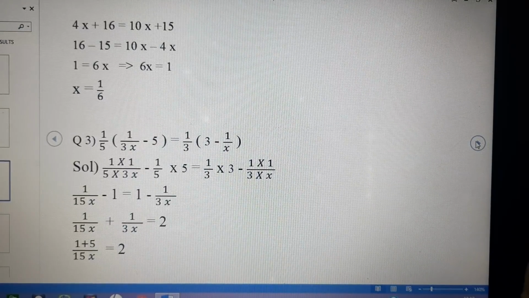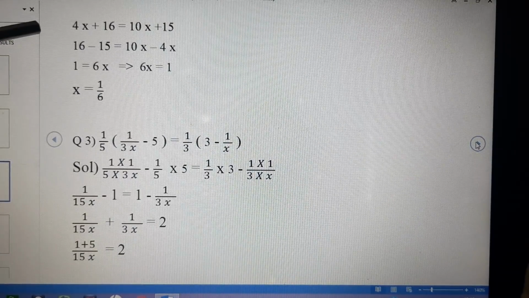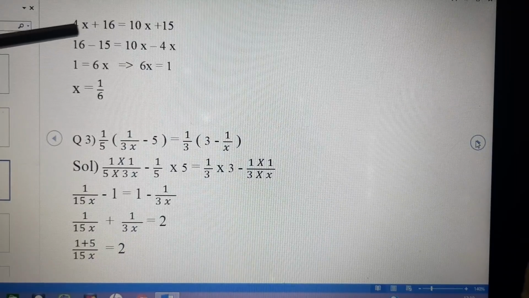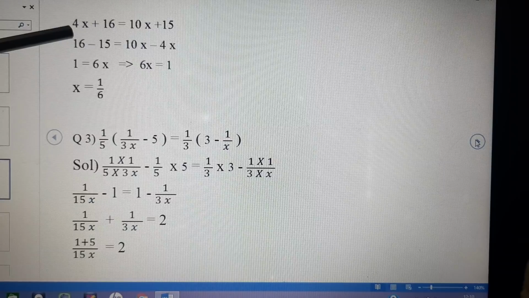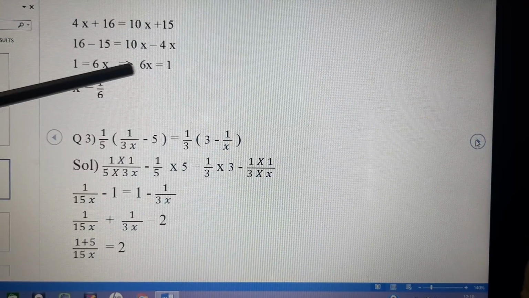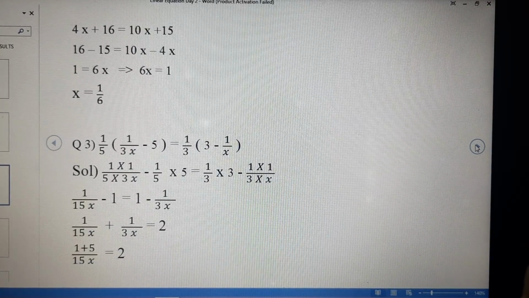Now, the variable should be isolated, it has to be on one side. 10x is bigger, it is positive, 4x is lesser, it is in LHS. If we transfer 4x to this side, it becomes negative, and we'll have positive x.